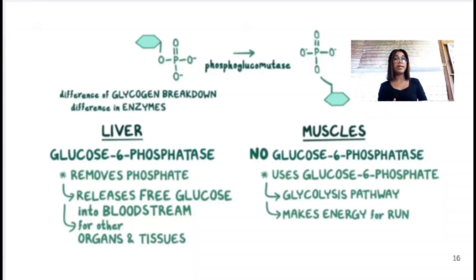Glucose 6-phosphatase removes the phosphate from the 6th carbon, releasing free glucose into the bloodstream for other organs and tissues to use. The skeletal muscles lack glucose 6-phosphatase, so they simply use glucose 6-phosphate in the glycolysis pathway to make energy that helps us to run.